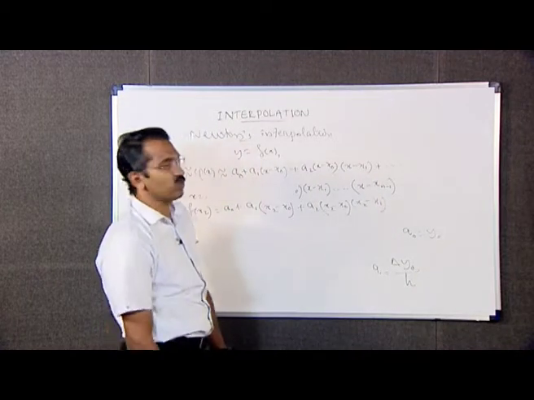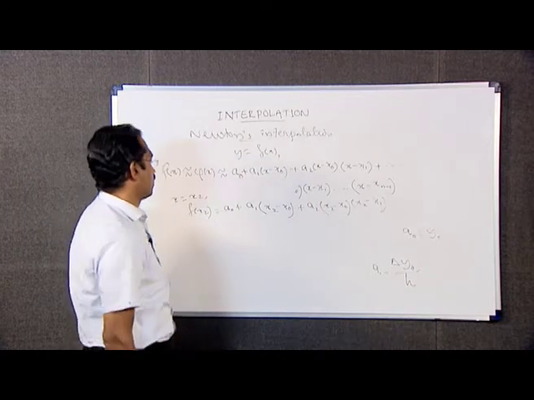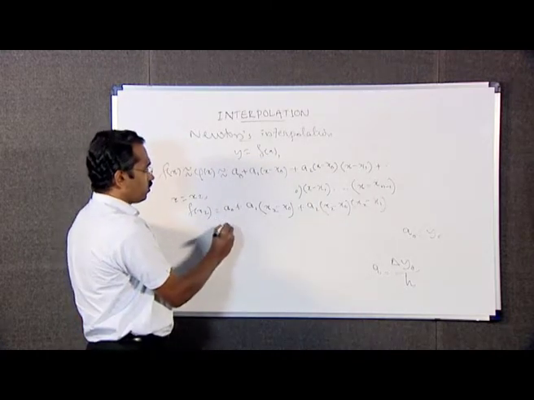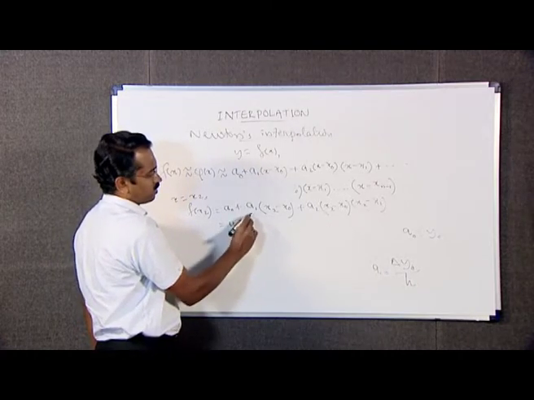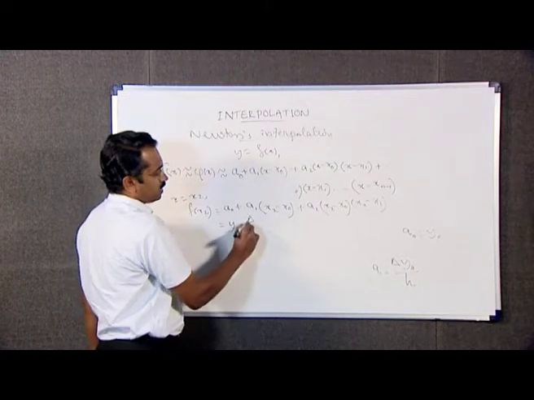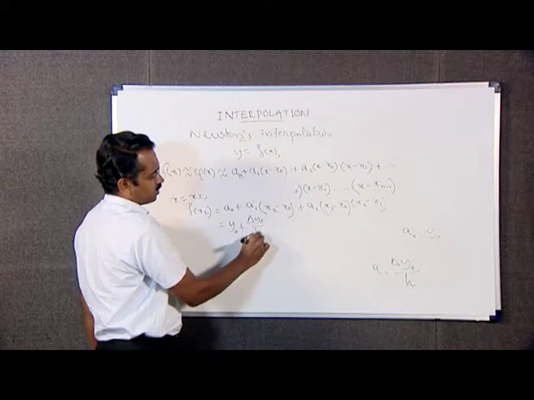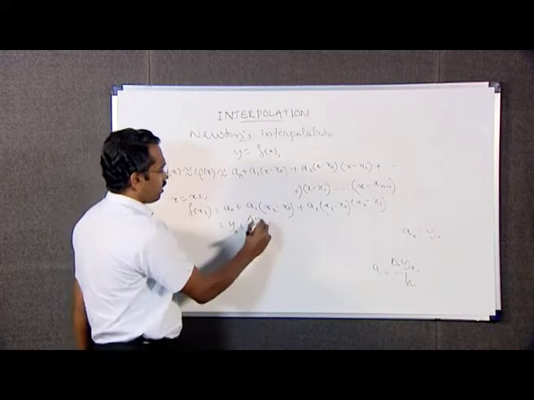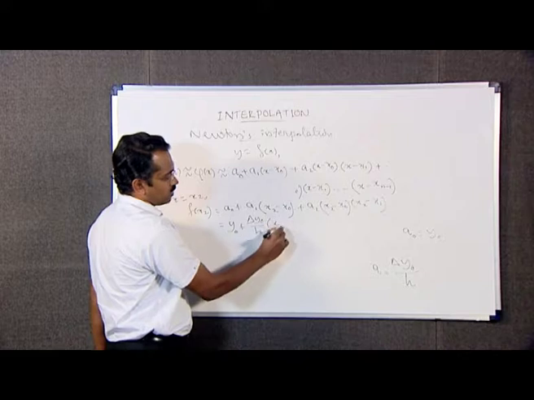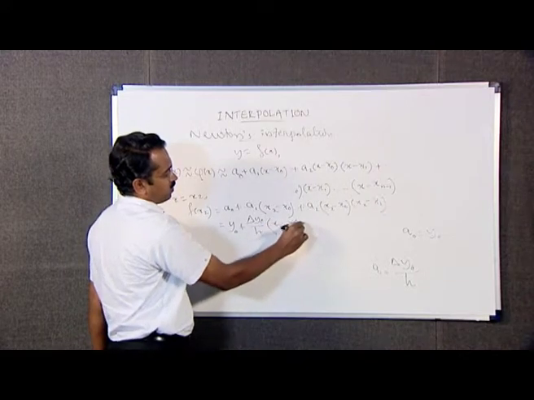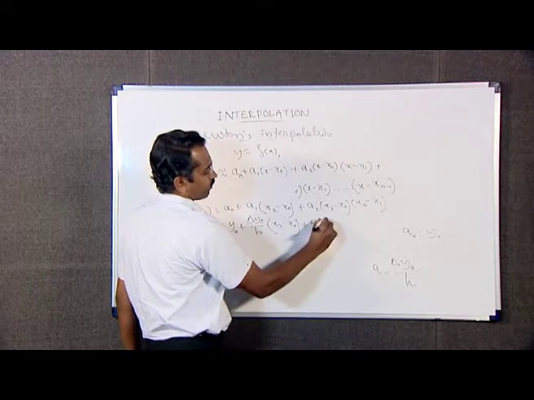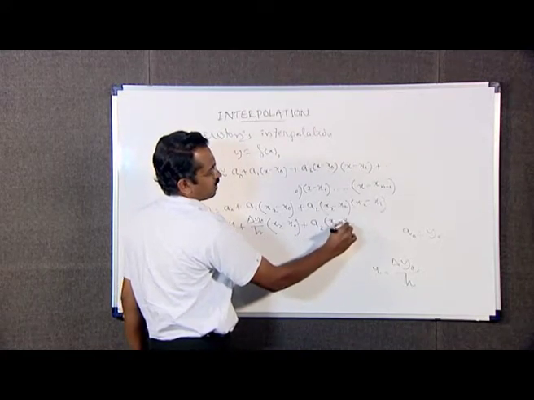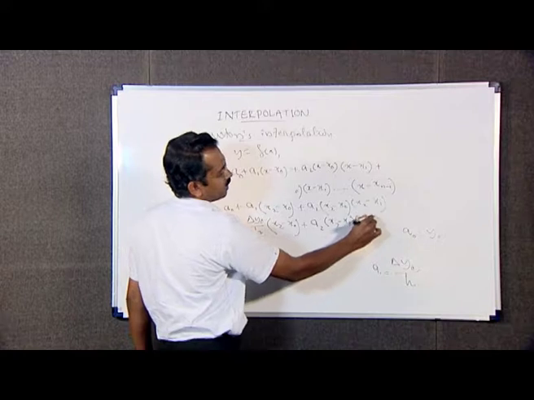All the other terms will become 0. This is equal to y naught plus delta y naught divided by h into x2 minus x naught plus a2 into x2 minus x naught into x2 minus x1.